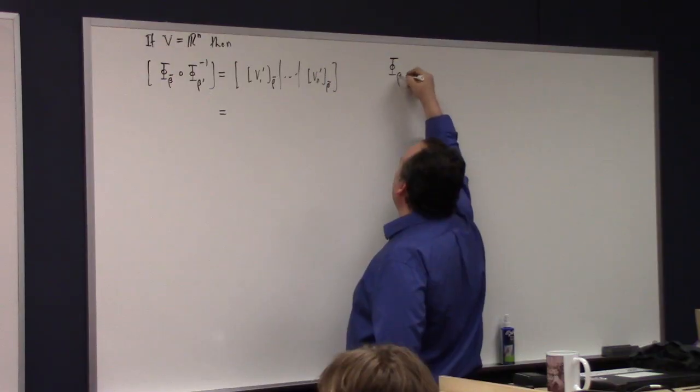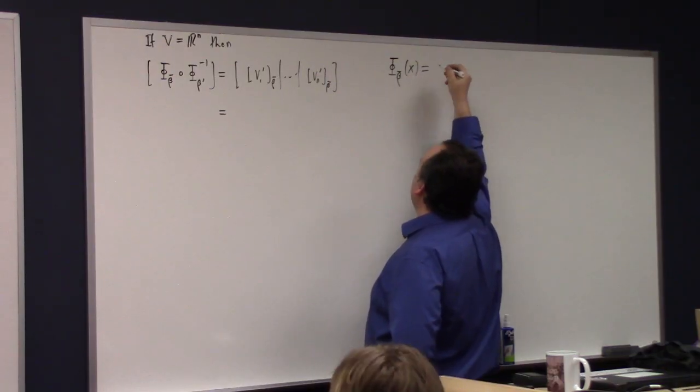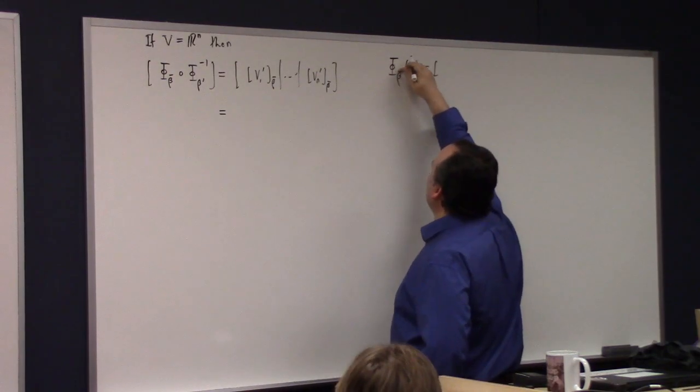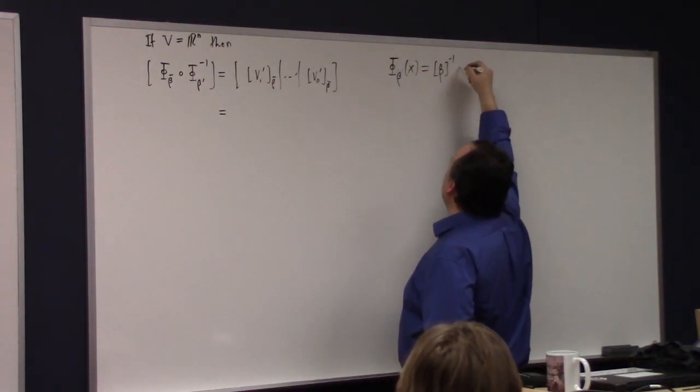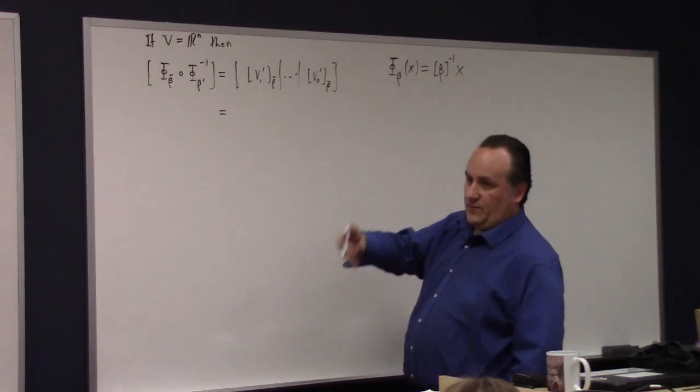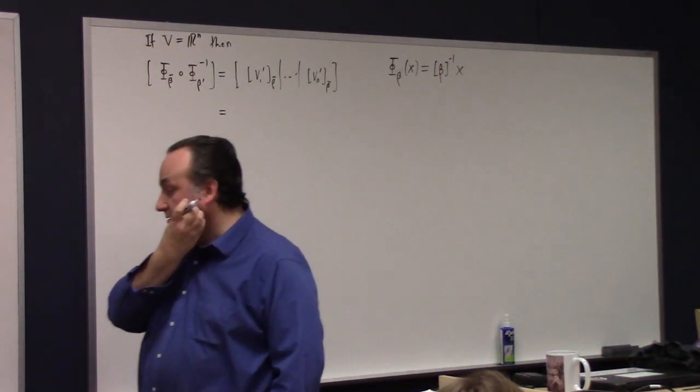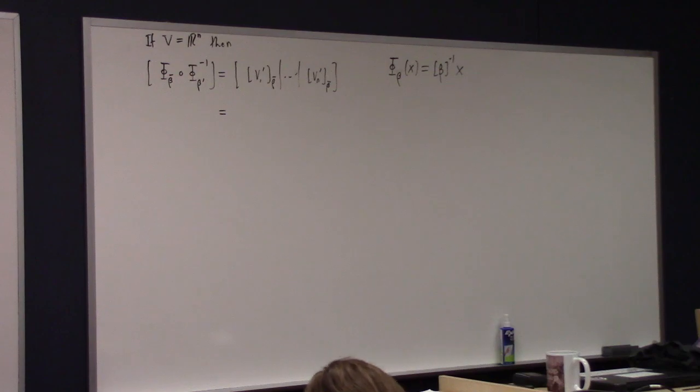If I just had phi beta of x in Rn, the formula is: I take the beta inverse matrix times x. That is the formula to calculate the coordinate vector for column vectors with respect to the basis beta.